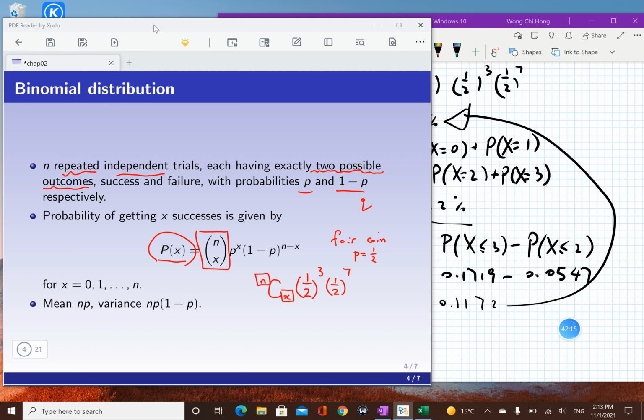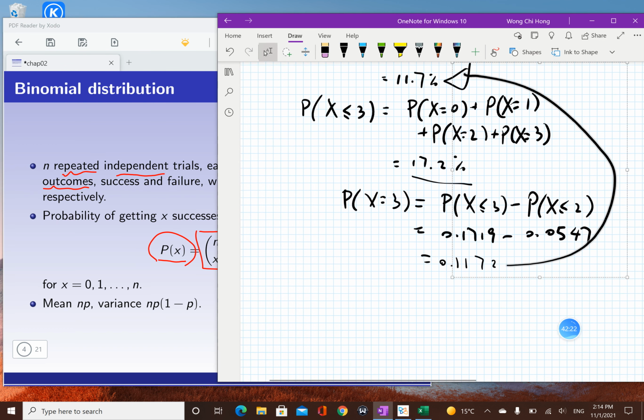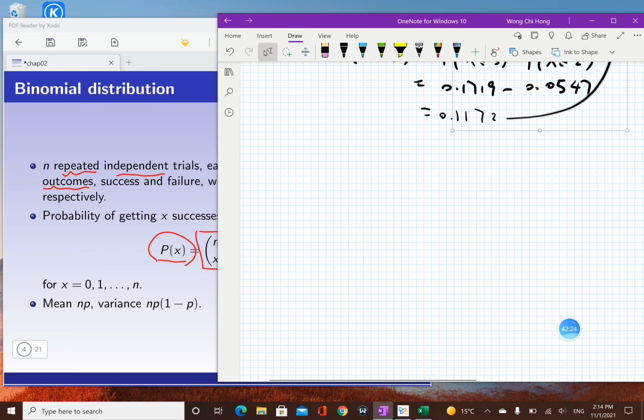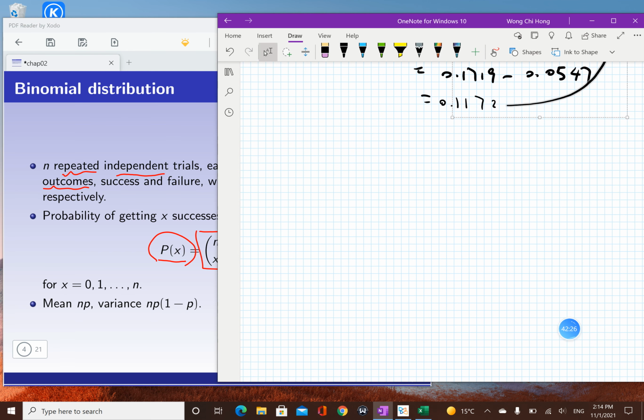All right, we can work out these things, but what other features are important in a probability distribution? We have the mean value and the variance value.